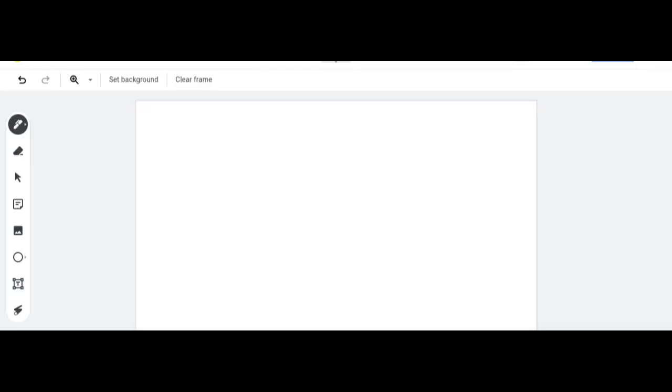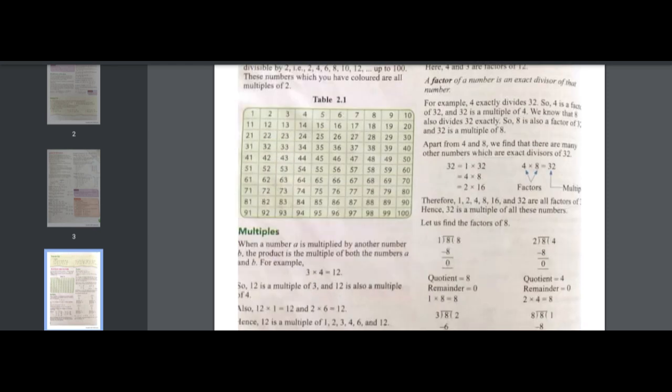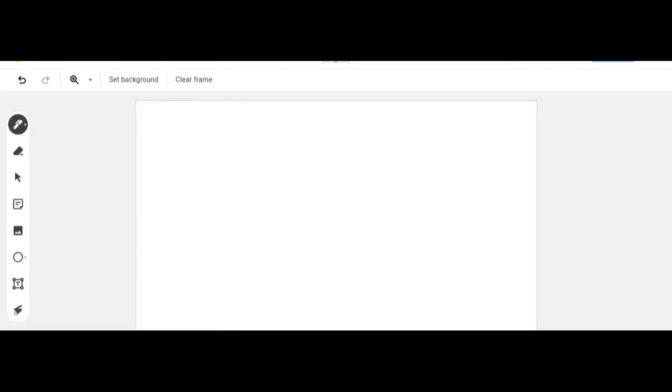But in factors the given number is exactly divisible by the other number. For example, 12 is exactly divisible in the tables of 2, 6, 3, 4, 1 and 2, just like that.